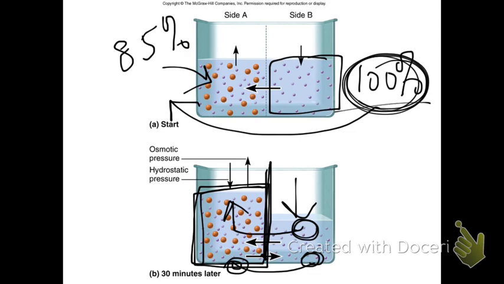But I want you to see that this isn't just about salts in a beaker, but there are actual physiological human biology phenomena that are going to follow these rules of the movement of molecules across the semi-permeable membrane.